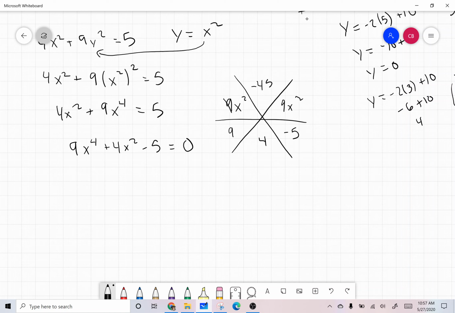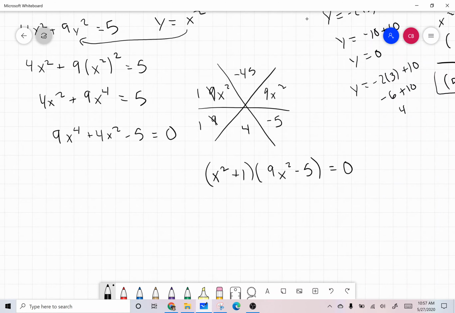This cancels. This is 1 and 1, so this is x squared plus 1. And this is 9x squared minus 5. Okay. So, what does that tell us? Let's see.